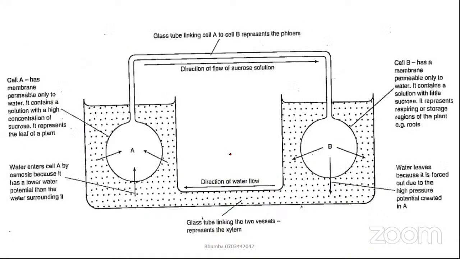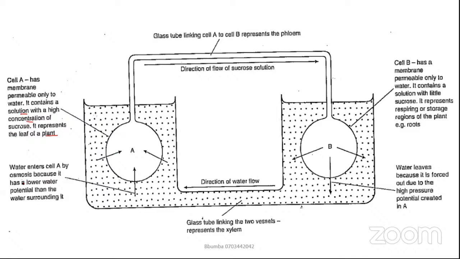Now, if you are a person who likes reading a functional approach, I got this picture from Advanced Biology, a Functional Approach by M.B.V. Roberts. This is where I got this picture. And this is how they put it: cell A has a membrane permeable only to water. It contains a solution with a high concentration of sucrose. It represents the leaf of the plant.